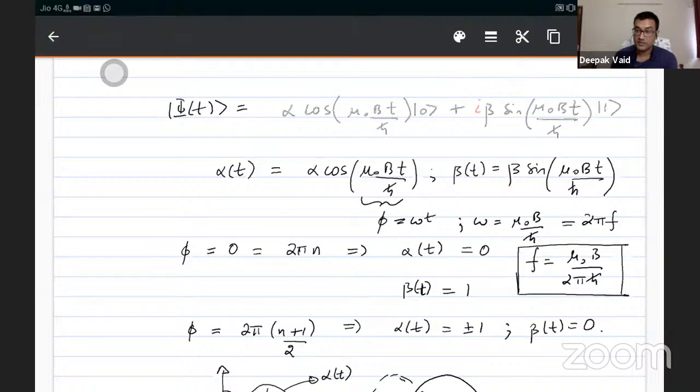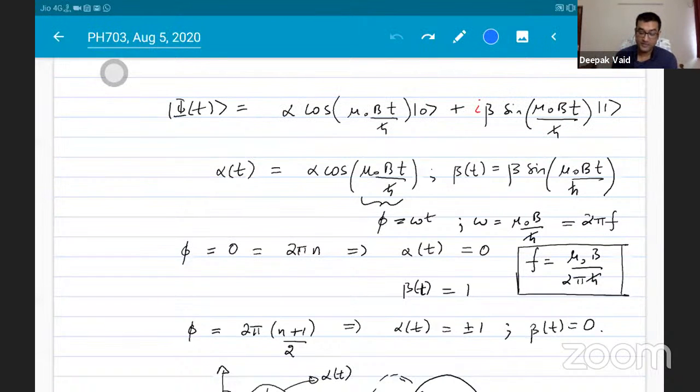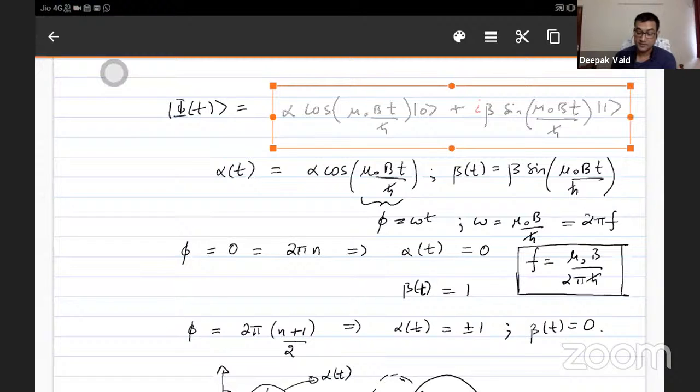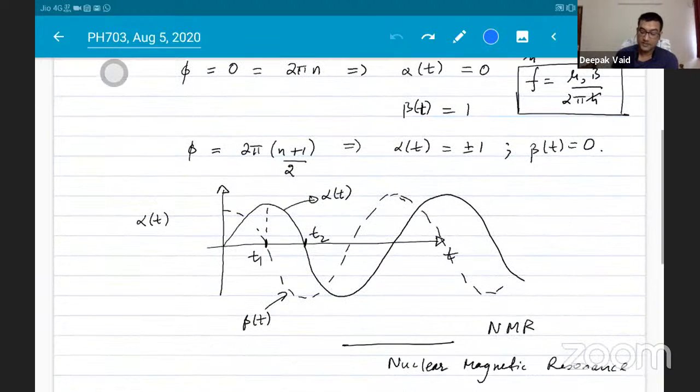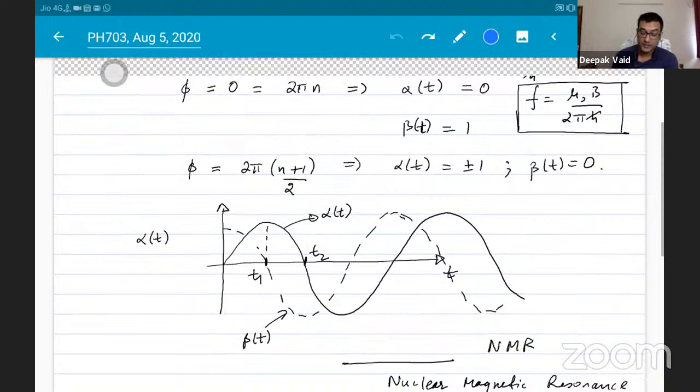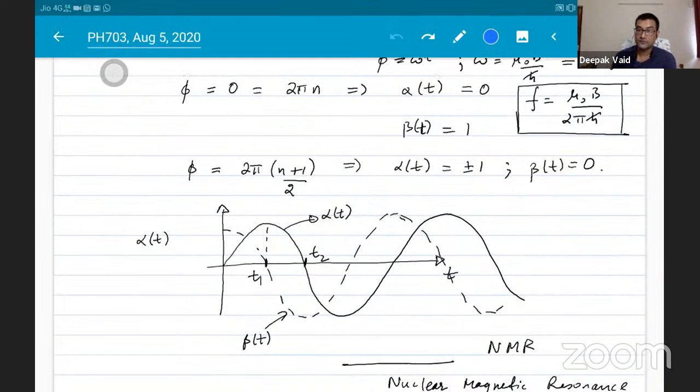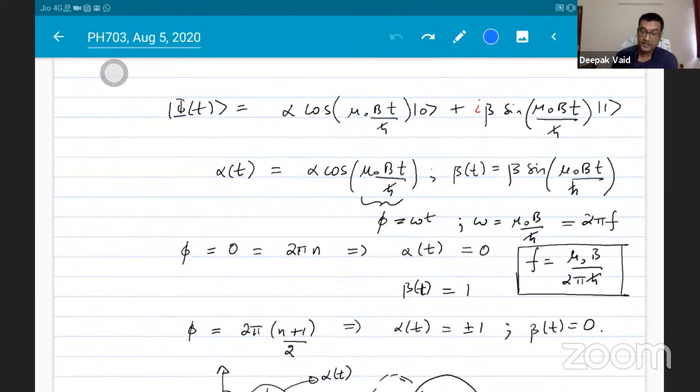But this expression is not just a simple phase factor multiplied by the state, right? The reason is that this 0 is an eigenstate of H, and this 1 is an eigenstate of H. So if you start in the 0 state, you will continue to be in the 0 state. And if you start in the 1 state, you will continue to be in the 1 state. So this answers the question that people had when I talked about this problem. They said, what happens if to begin with beta of t is 0? If beta of t is 0, then it continues to be 0. The state will remain in the 0 state.